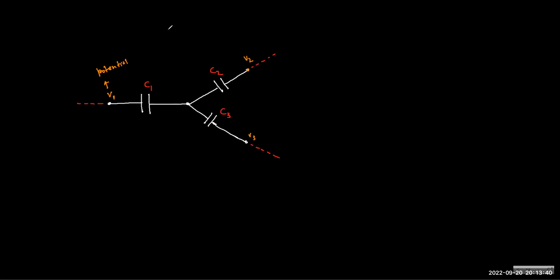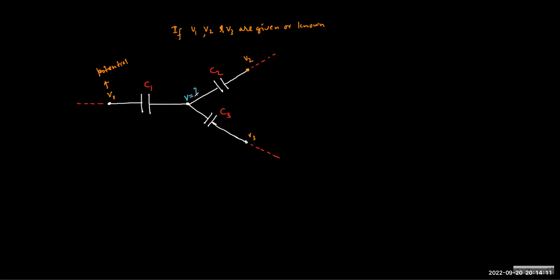So if we assume that V1, V2, V3 are given or known to us, then to find either the charge or voltage across every capacitor, we just need one more variable, isn't it? And which variable do we need?